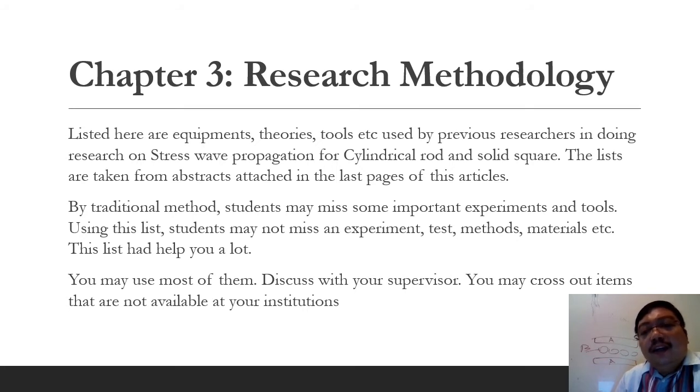Now I have listed most of them, so you can use this equipment. Again, consult your supervisor. If that equipment or machinery is not available at your institution, ignore it. Okay, if available, do it.